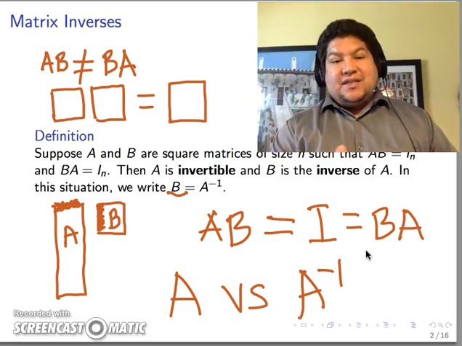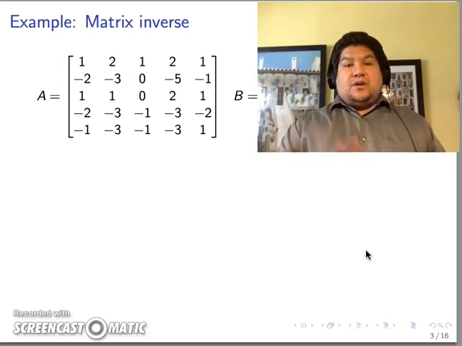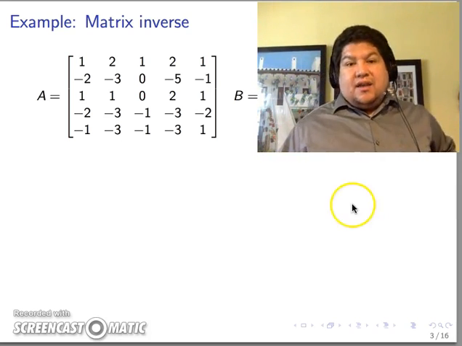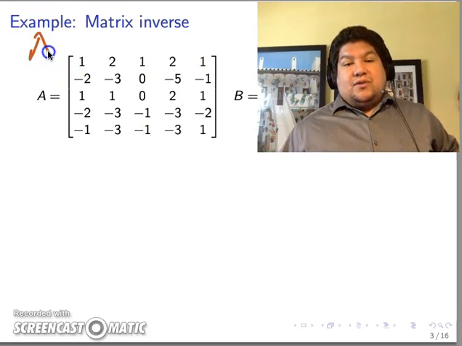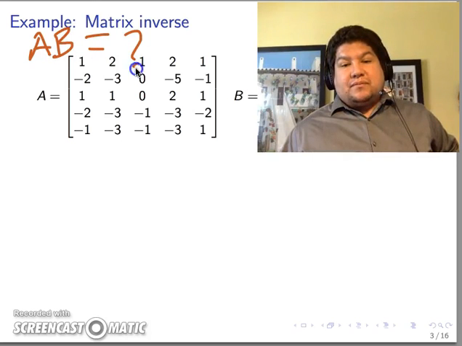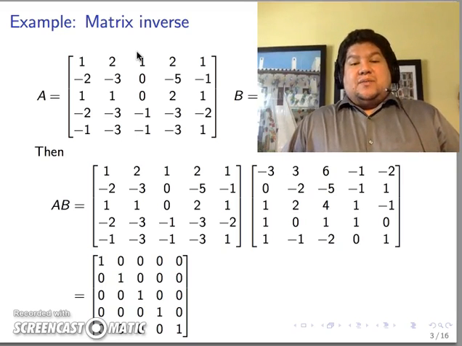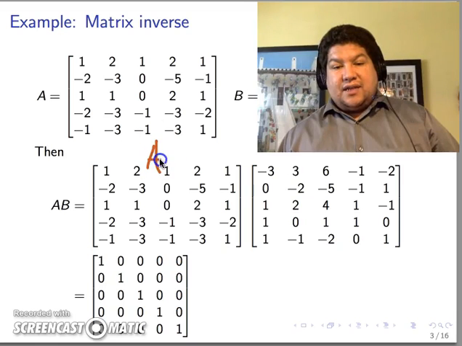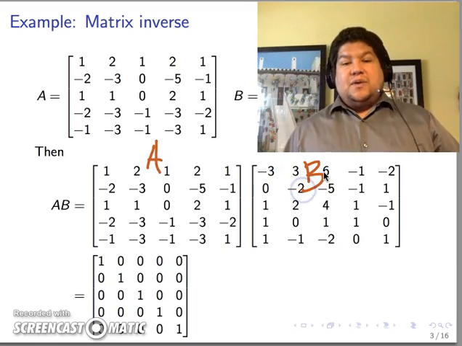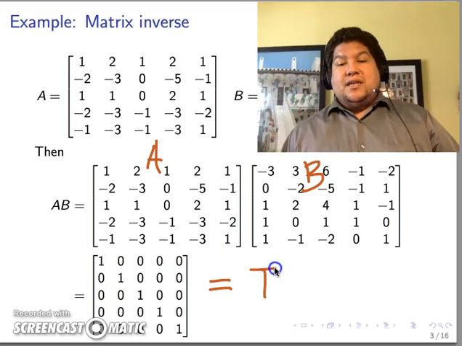And so now with this definition, we're going to learn how to actually calculate it. What the definition is referring to is that you have a matrix A and a matrix B, and then the product A times B. This is an illustration. We multiply this matrix A times B, so the first matrix on the left side is A, and this here will be the matrix B. If we work out this matrix multiplication, we find that this is actually the identity.